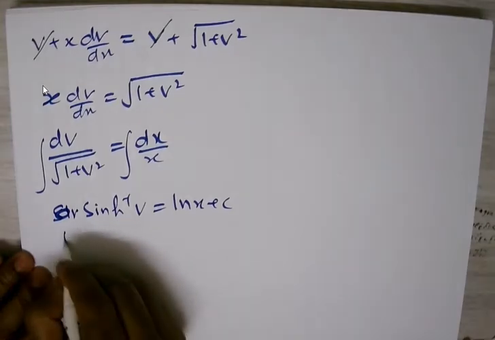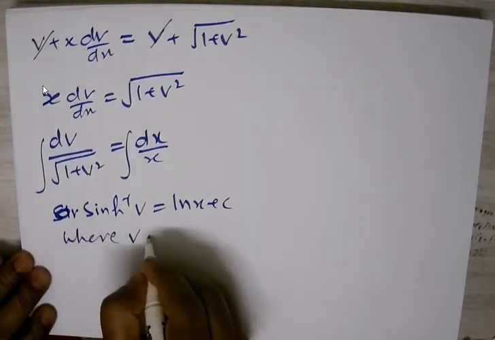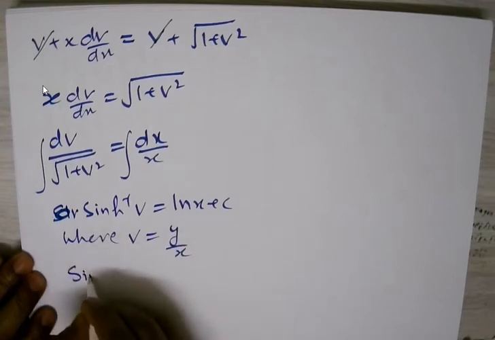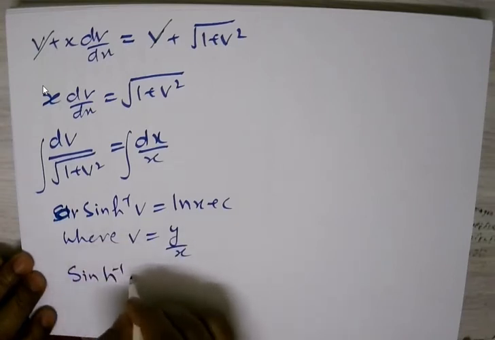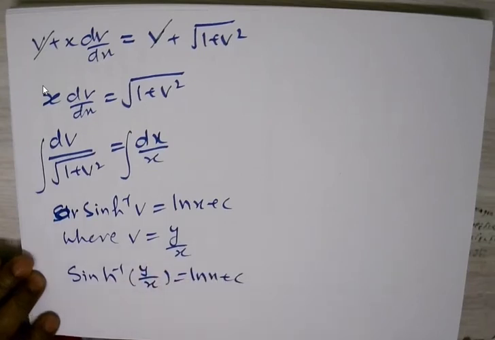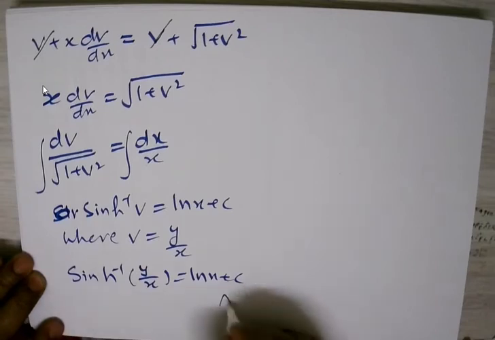What is v? v means y divided by x. Just change that, so it comes sine hyperbolic inverse of y over x equal to ln of x plus c. So this is the answer to that question.